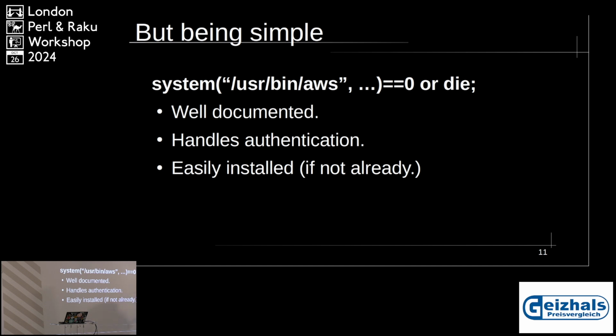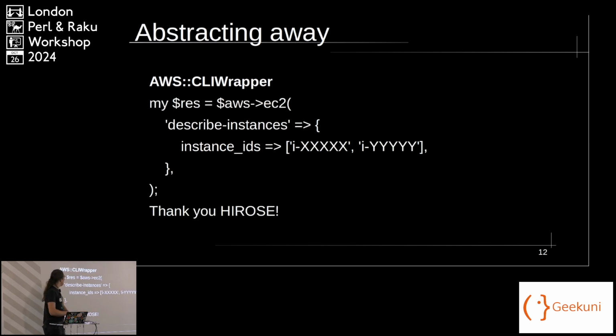It's probably already in your distribution, or indeed if you're actually using Amazon's provided OS images, it's already there. You can then move on a little and abstract yourself a little bit. So Rose has put together this very nice little wrapper here, which handles some of the additional faff and gives you some marginally nicer syntax.